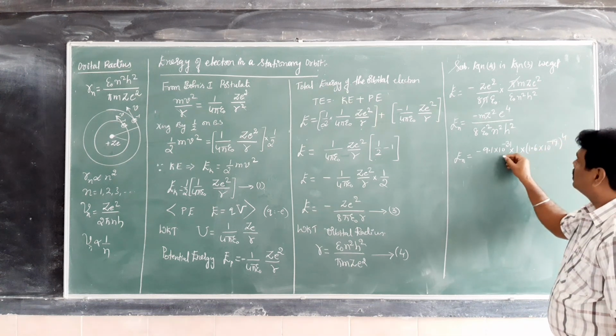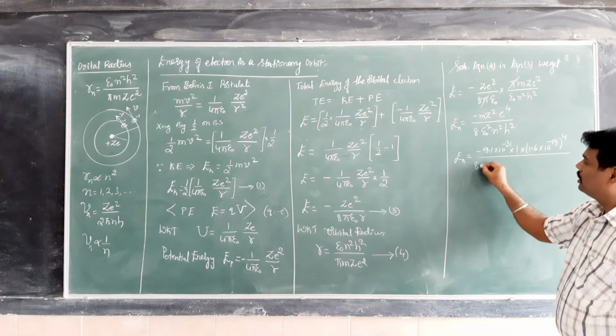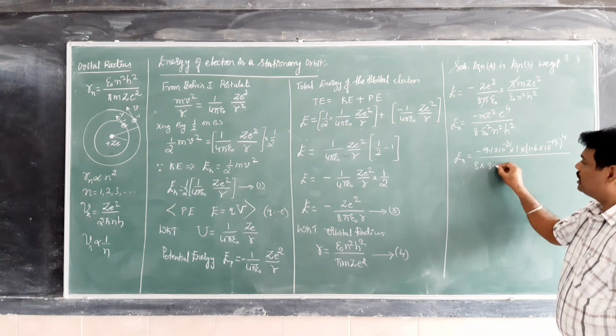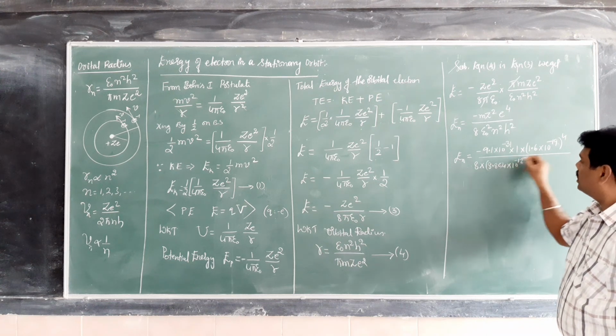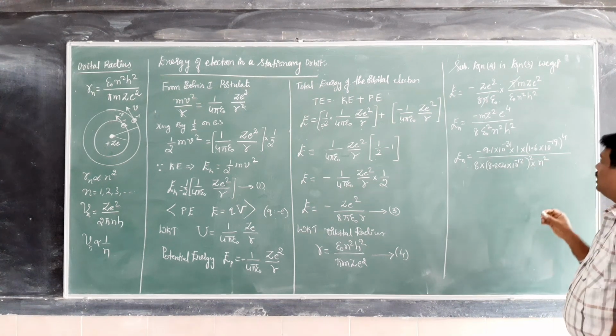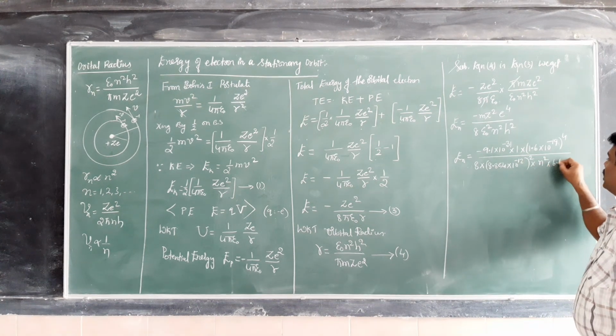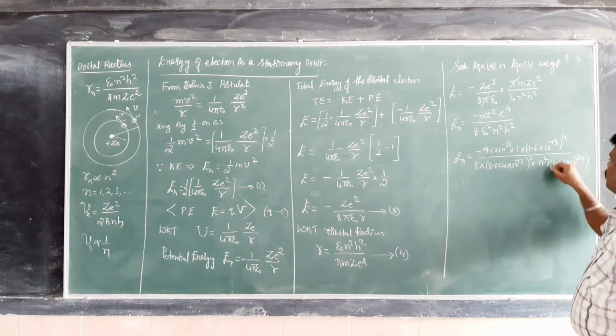Mass of electron is 1 only. 8 into epsilon naught, which is 8.854 into 10 to the power of minus 12, whole square, into n square, and h is 6.63 into 10 to the power of minus 34, whole square.